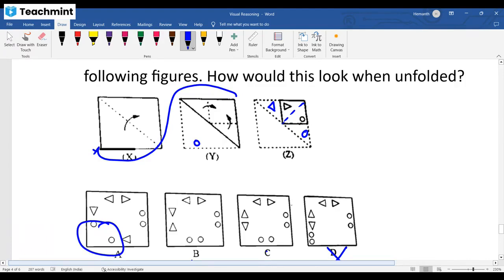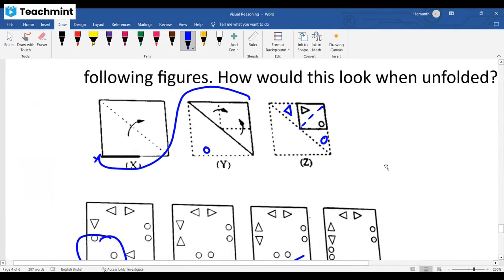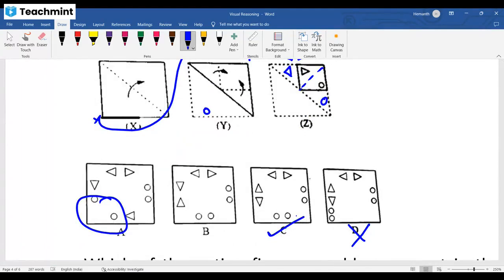But among these two, which side is it inclined? That's also important for us. And that should be opposite facing, C. Listen, among B and C, why did we select C? The triangle should be on the opposite side. One triangle is on this side, the other triangle is on the other side, inclined. But here, that base, see, this side, this side. Those small observations will play a role.